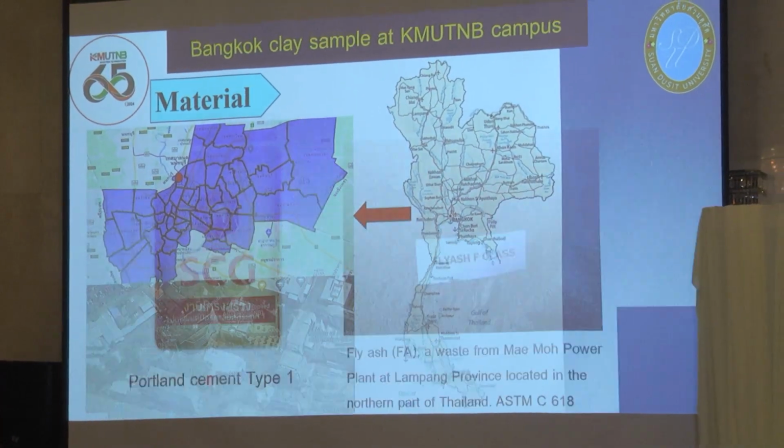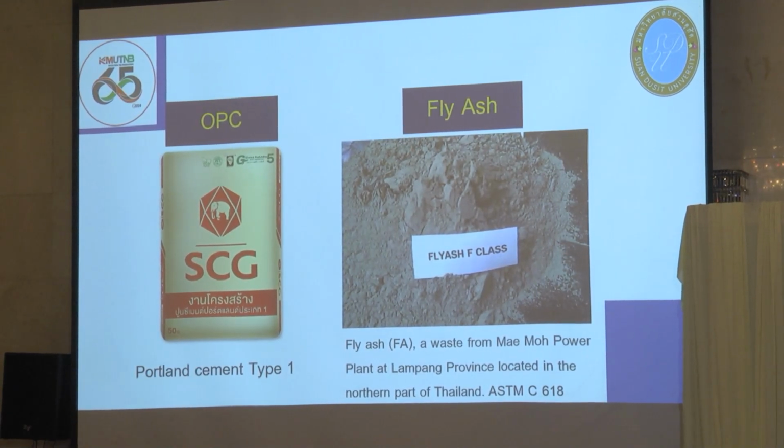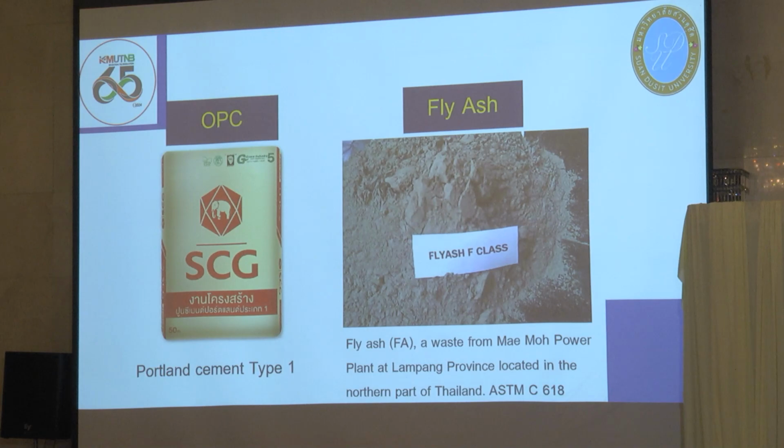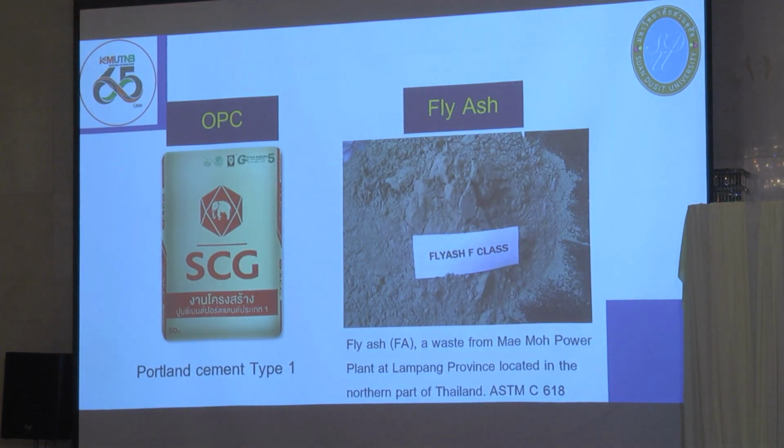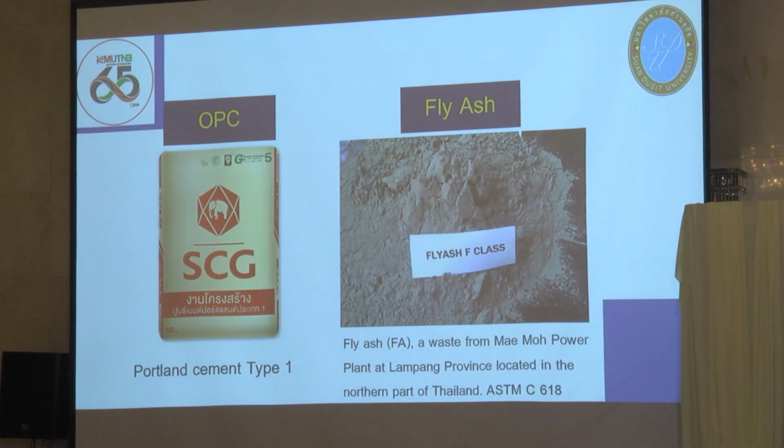Portland cement from Taiwan, and fly ash is waste from the Mae Moh power plant in Lampang province, located in the northern part of Thailand, ASTM C618 Class F fly ash.